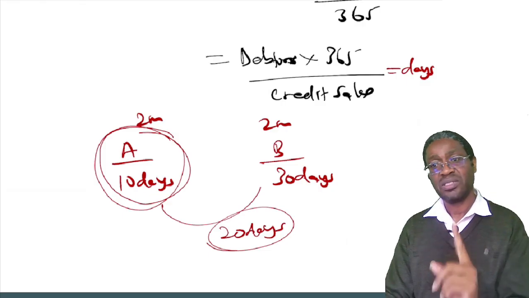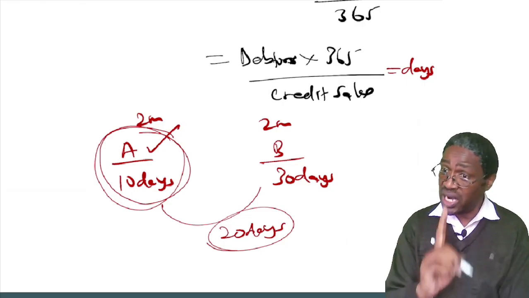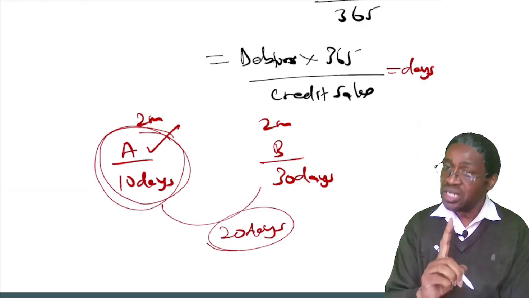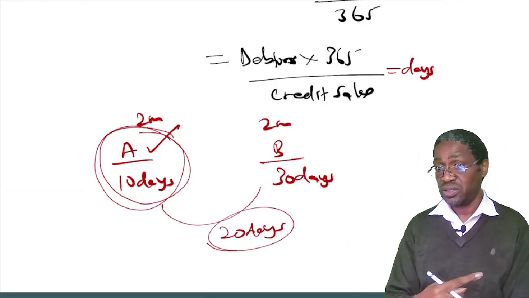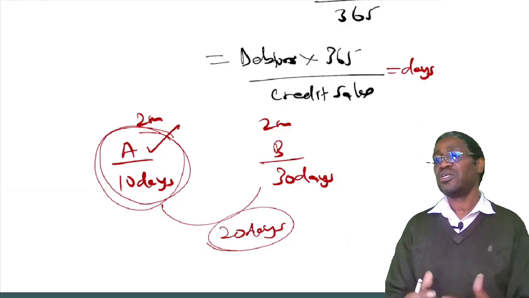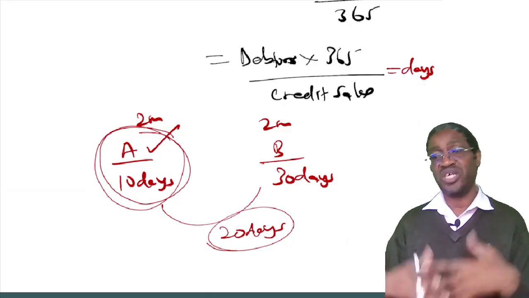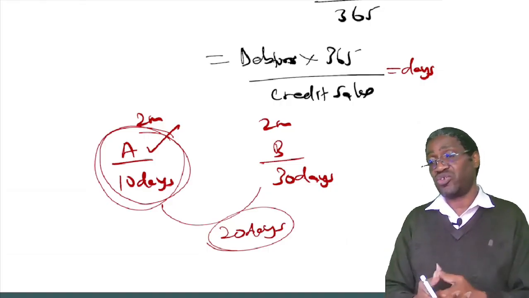One, company A is able to collect their cash earlier, and hence they can utilize it elsewhere and generate profit. You, company A, have received your 2 million in 10 days and can use it elsewhere to generate profit, while company B is still waiting another 20 days to receive their 2 million.